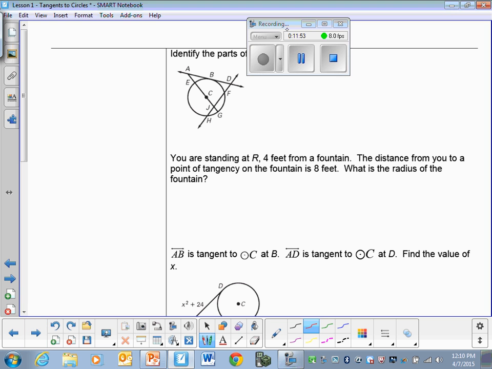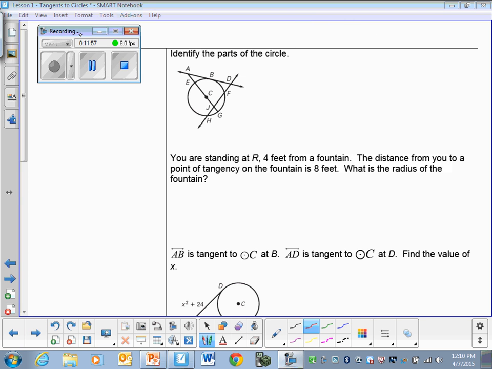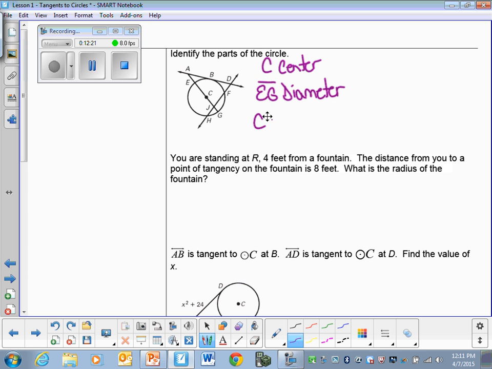Next, let's identify some circle parts. Alrighty, we have C as the center. We have a diameter of EG. We have a radius here of CG.